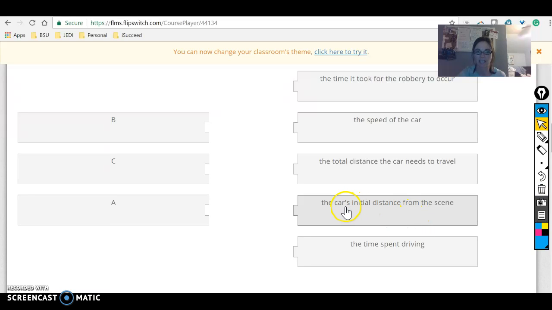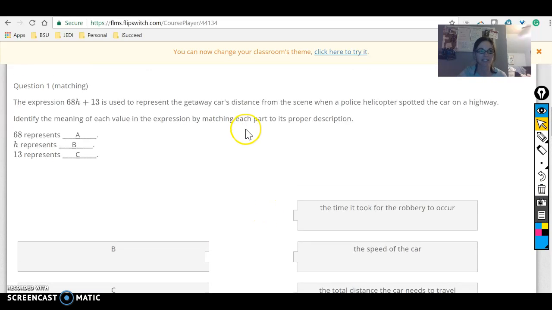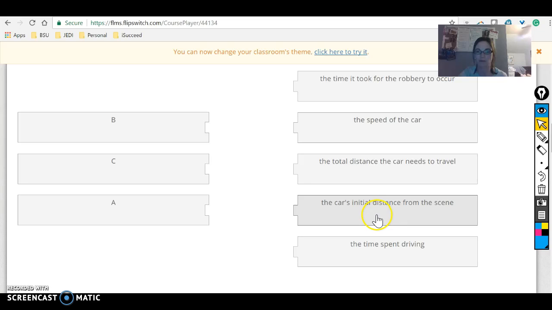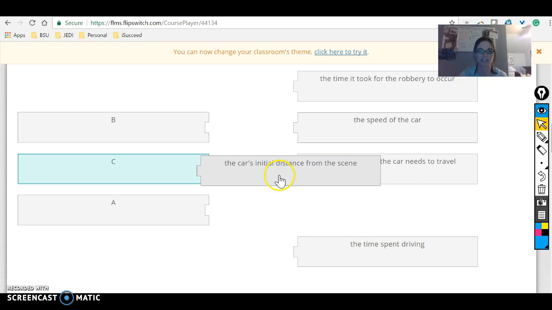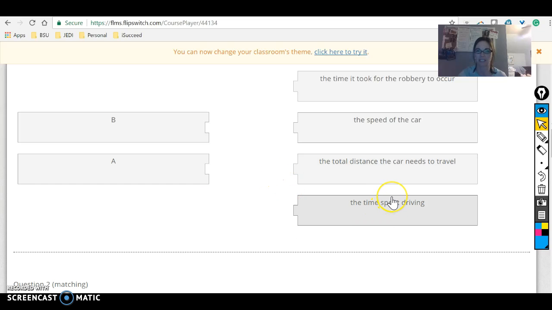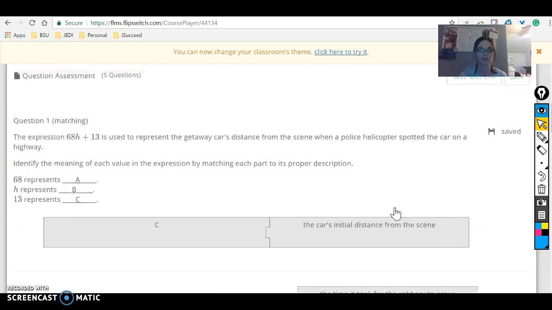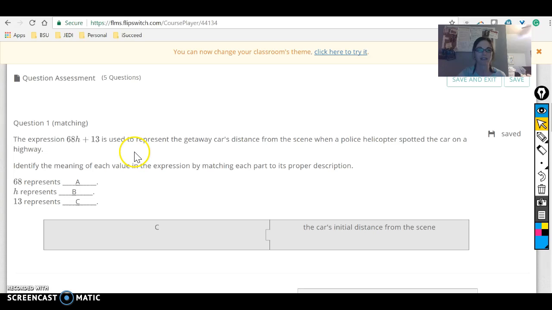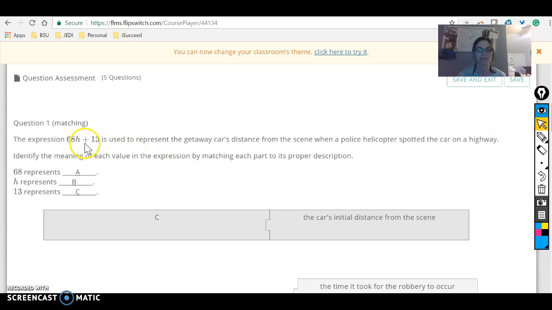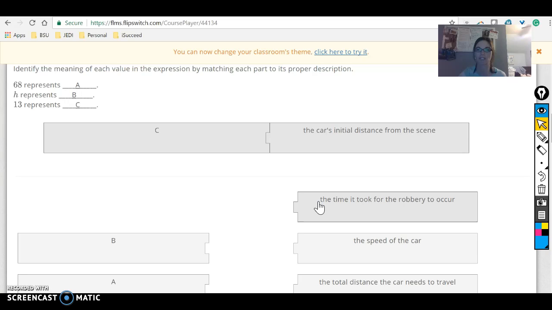So we can say that C, 13, represents the car's initial distance from the scene, okay? The next two, remember that they tell us that 68H plus 13 represents the getaway car's distance from the scene. So we have to be looking for things that could give us a distance.